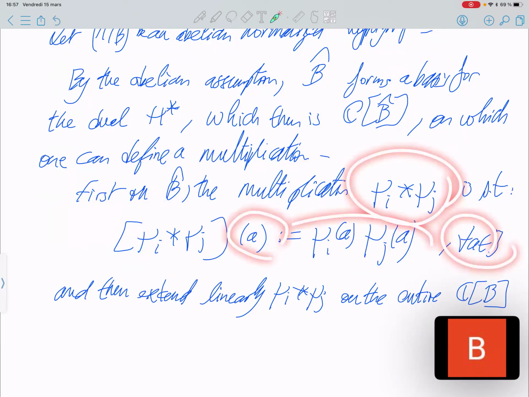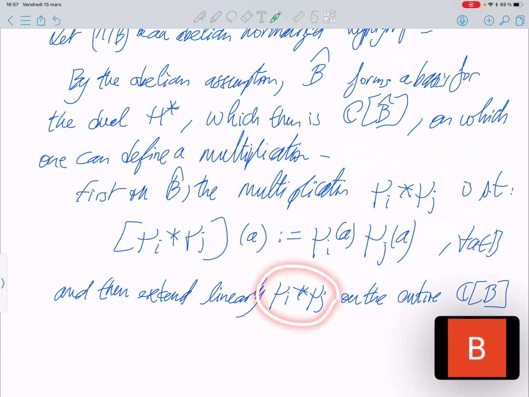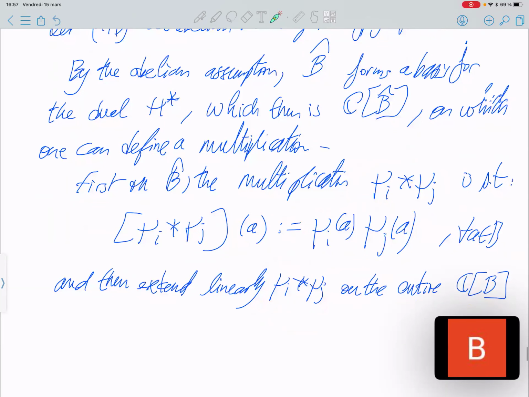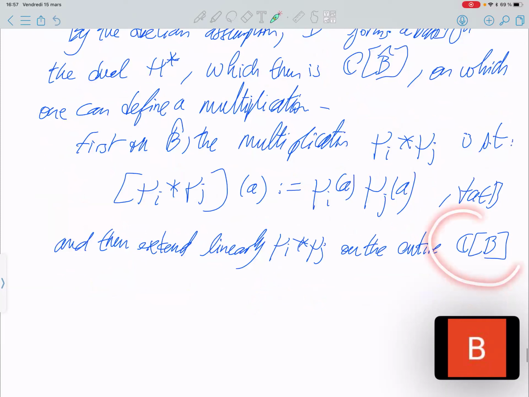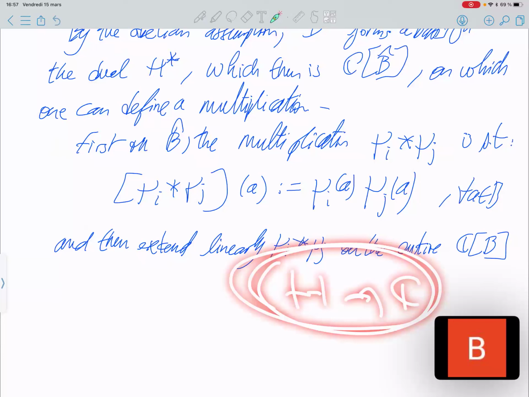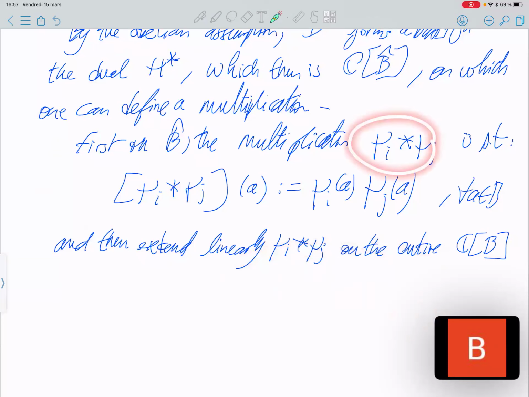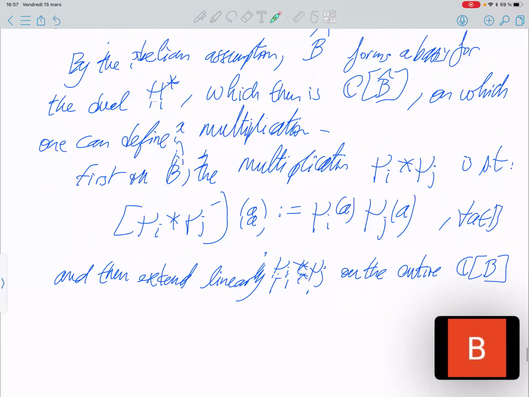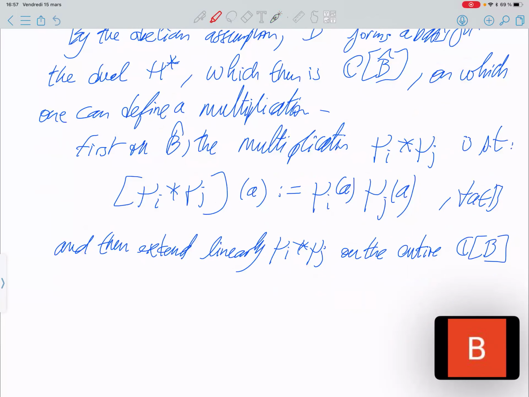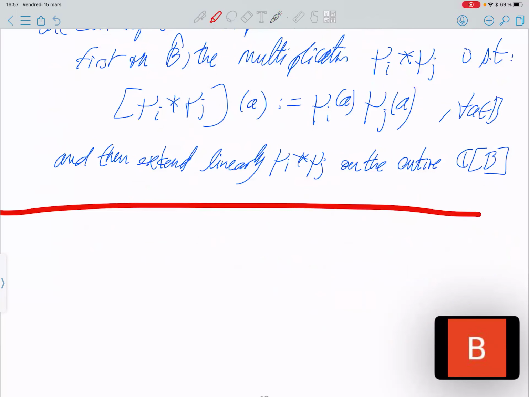So you first determine the value on the basis, and then you extend it linearly, and you get a function on all of H, and this is exactly an element from H to C, completely determined. And so in this way you get a multiplication here, and then on here by linear extension again. And I have to stop now, so I stop here.